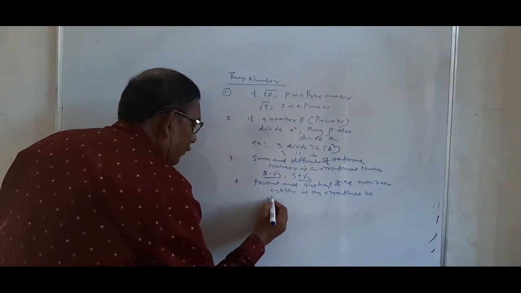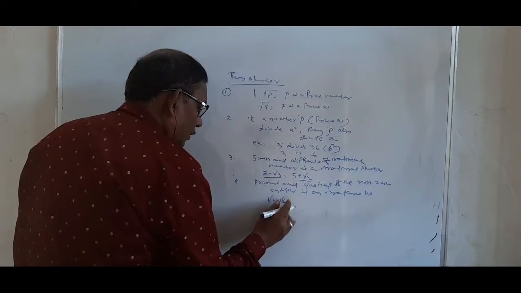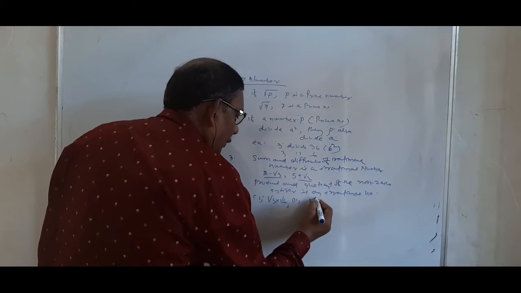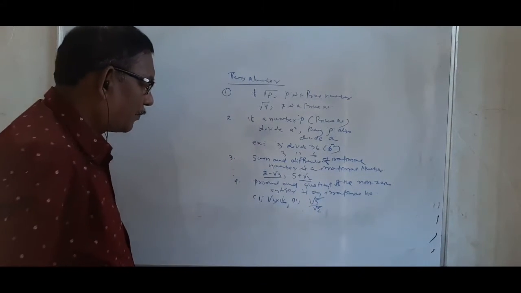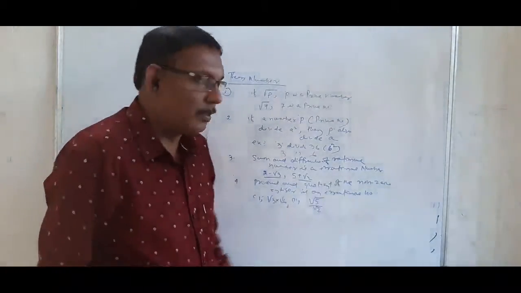For example, root 3 into root 6, root 5 by root 2. Okay. It is also an irrational number.